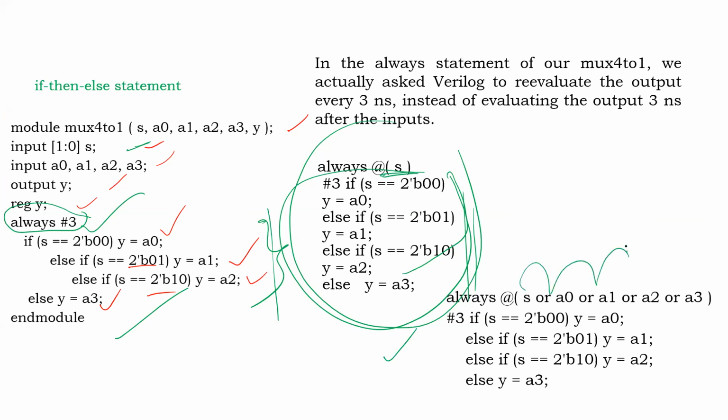Earlier in the sensitivity list I took only the select lines. Now not only select lines but also the input values: each time either select lines or input values change, the statements in this always block should be executed. See, the delay is written here.